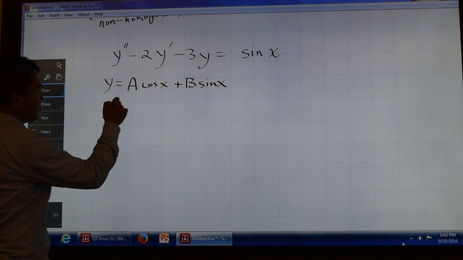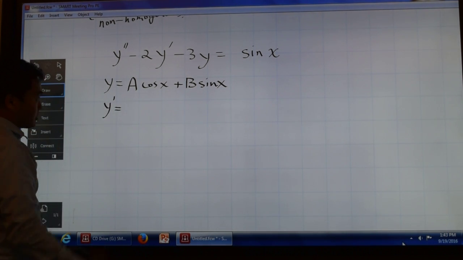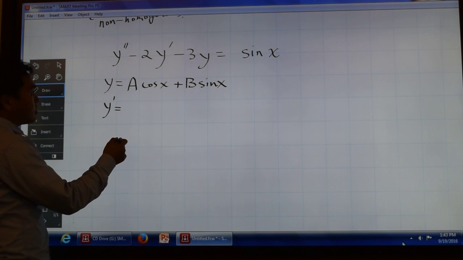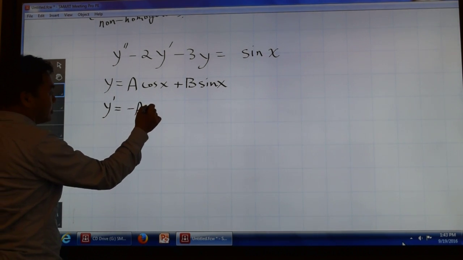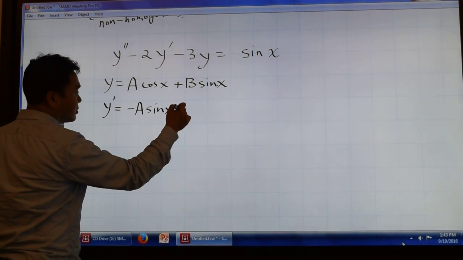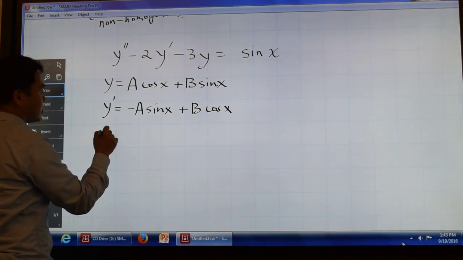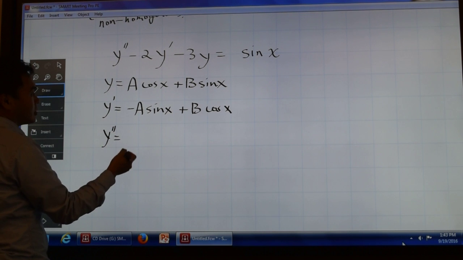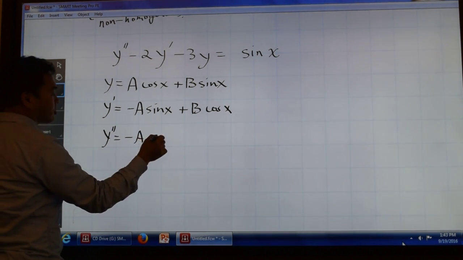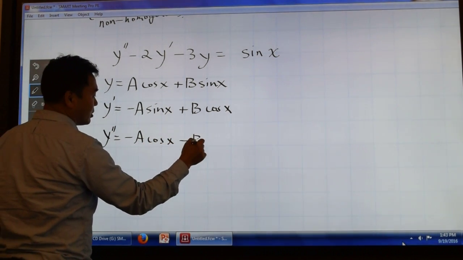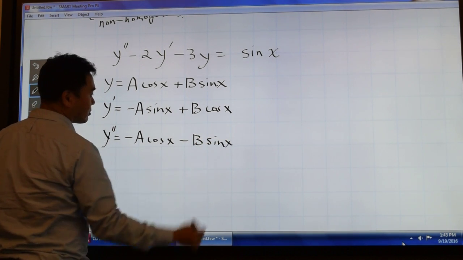y prime. So this is negative a sine x plus b cosine x. y double prime is negative a cosine x minus b sine x.